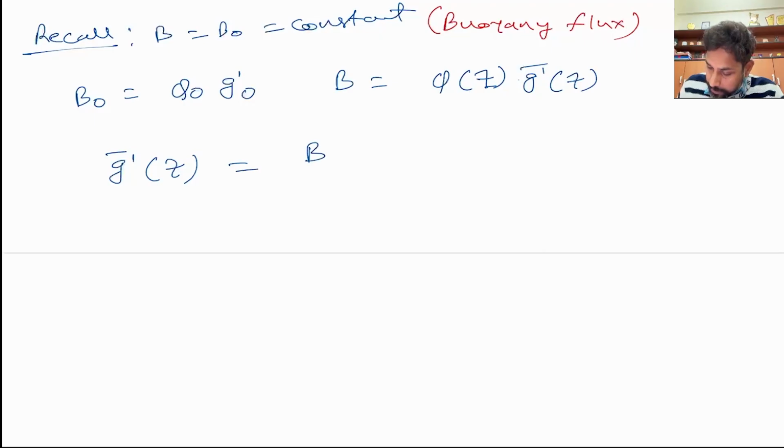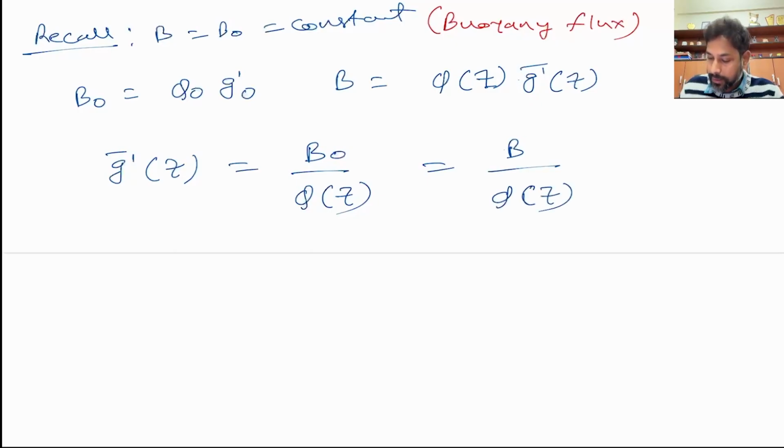So g prime bar is B naught over Q of z, or which is simply equal to B over Q of z. Okay, so if you know Q of z and we know B, we can find g prime bar.